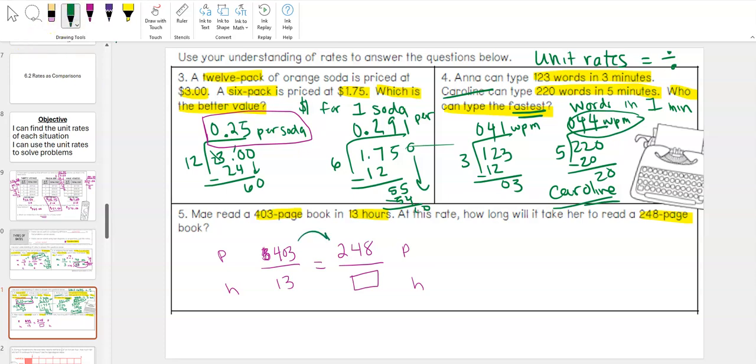So I don't know. These are really big numbers, so I don't know what this is. So I'm going to have to do some division. I'm going to have to do 403 divided by 248. It doesn't seem right.